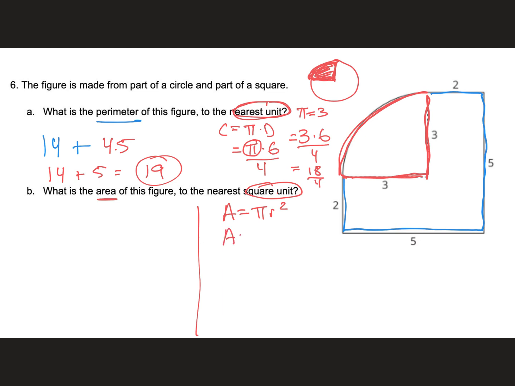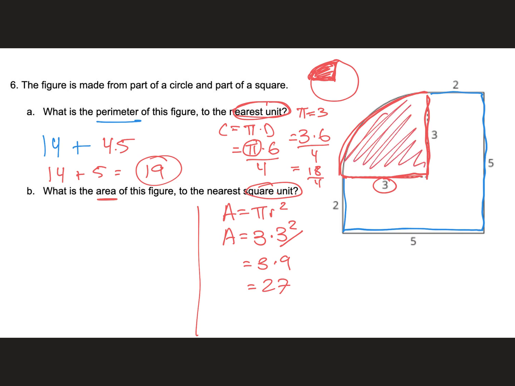So area is equal to 3 times my radius squared. 3 squared is 9, so 3 times 9 is 27. So the area of this part of my shape is 27.